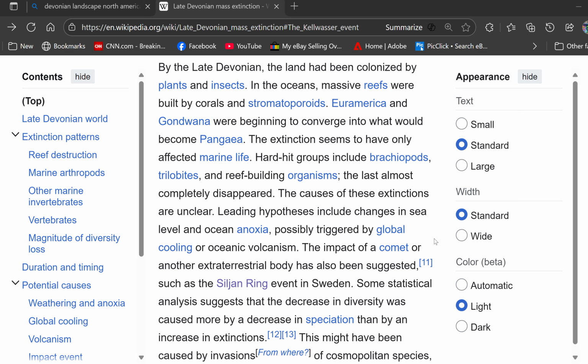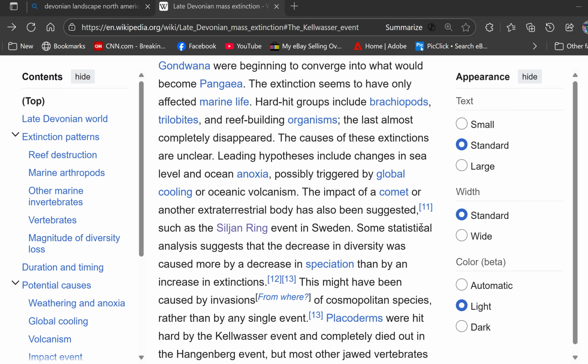Leading hypothesis: changes in sea level and ocean anoxia possibly triggered by global cooling or ocean volcanism. The impact of a comet or another extraterrestrial body has been suggested. Well, I agree. If the Alamo asteroid, 2 miles across, hits and makes a 50-mile crater, how could it not have affected anything? I just don't get it.